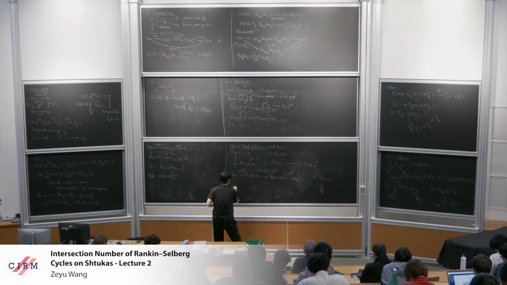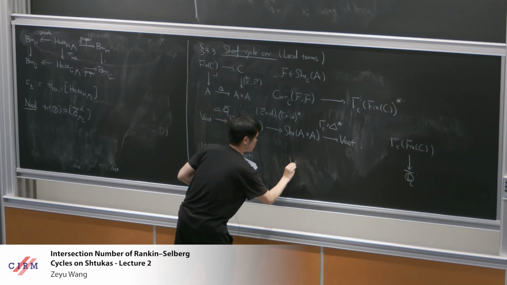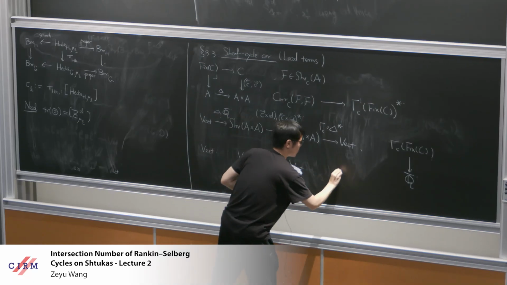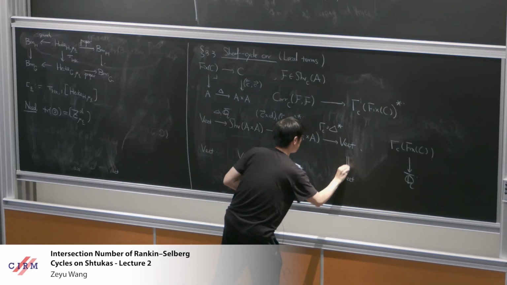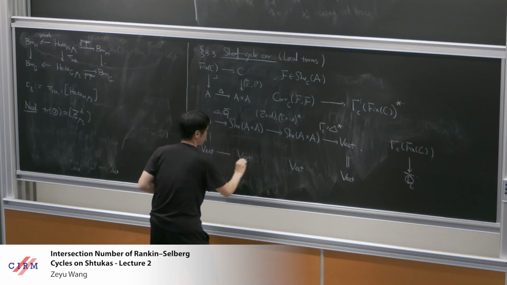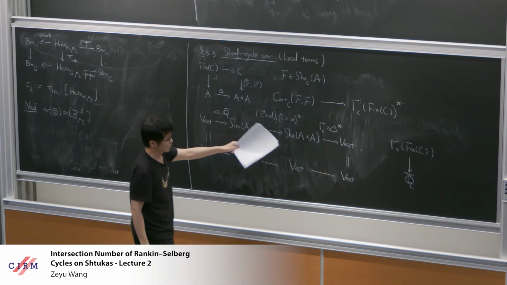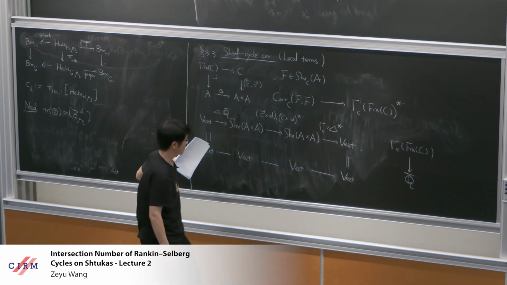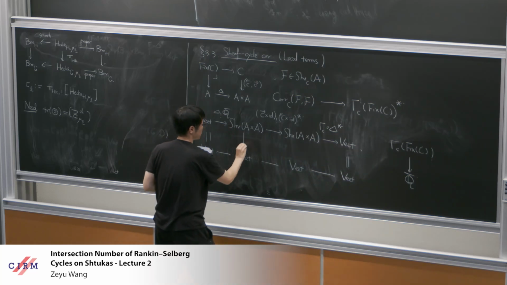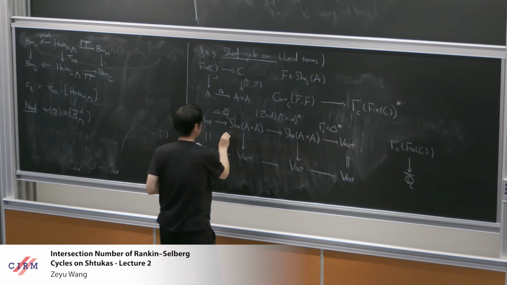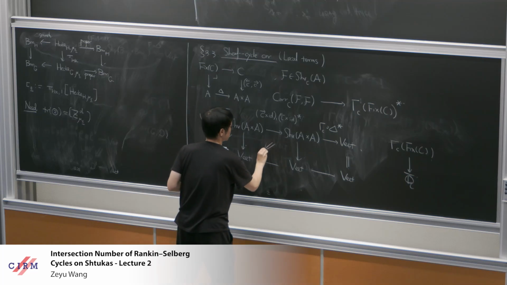Then you put Vect here, and you put identity everywhere here. To construct such a map, you just need to construct natural transformations as before, the three natural transformations here.